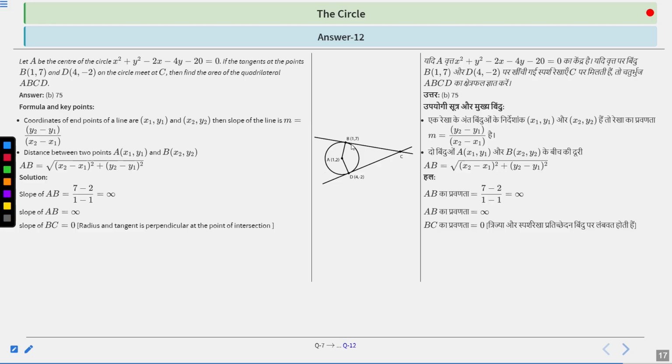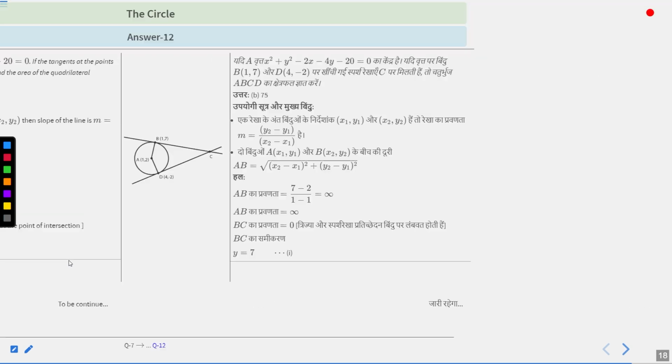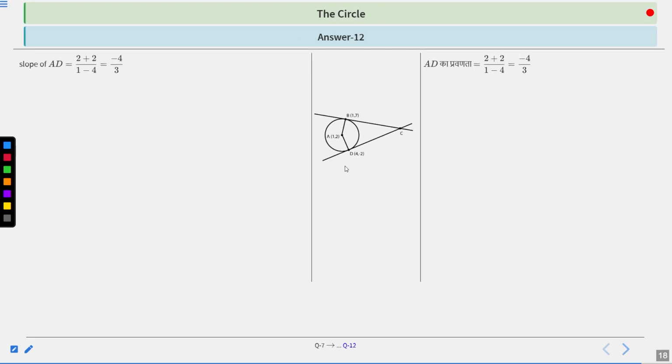Since AB is perpendicular to BC, because radius and tangent at the point of intersection are perpendicular, if slope of AB is infinity, then slope of BC should be 0. Therefore, the equation of BC is y equal to 7, right?